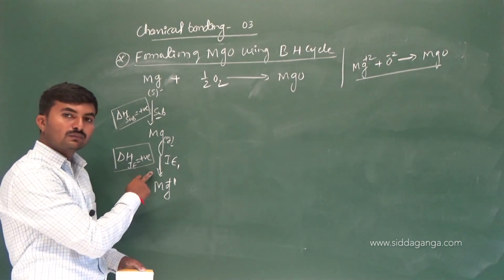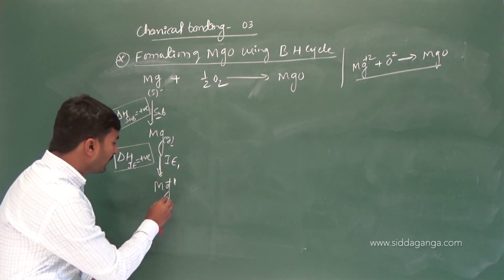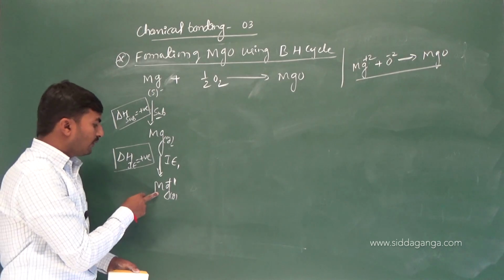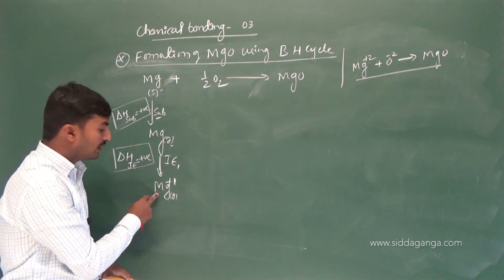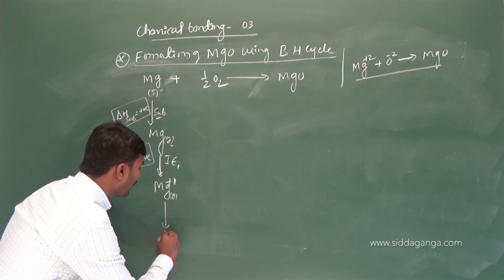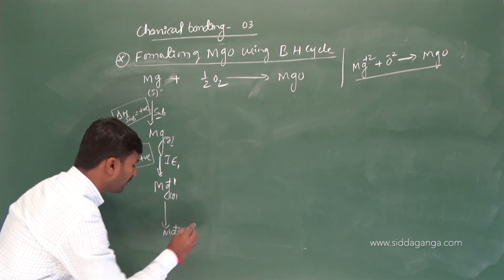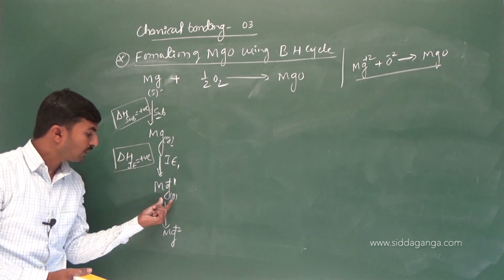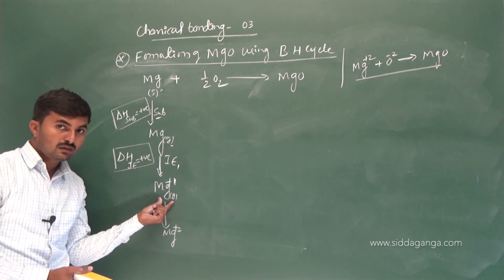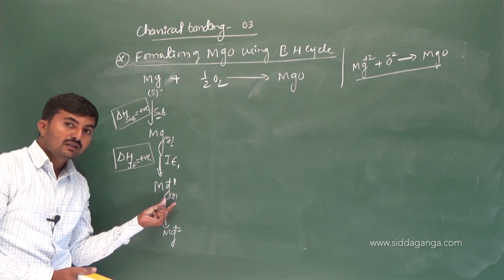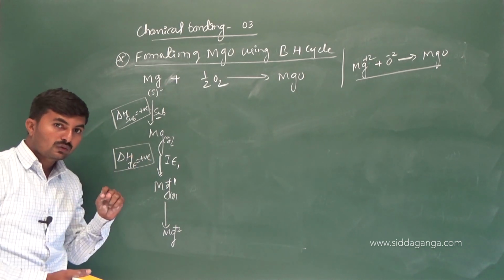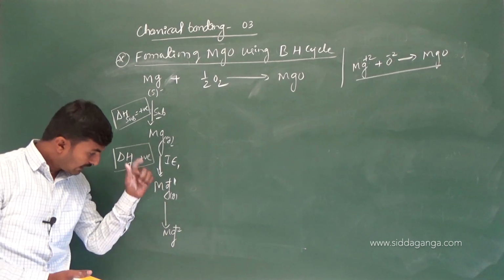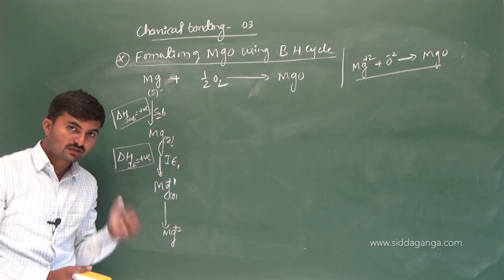Energy is positive, followed by we have to convert the magnesium cation Mg+ into Mg+2 ion. To convert it into Mg+2, we have to remove one more electron from the magnesium cation. There also we have to spend an amount of energy. That energy is also nothing but the ionization energy.